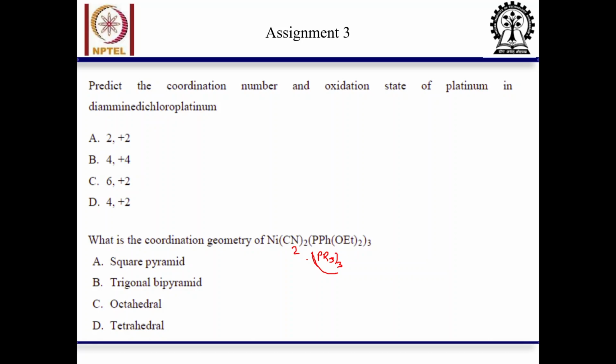So here again you see what is the kind of structure. MX2Y3. So all the Y will be on the plane and the two X will be in the Z direction. Correct? So the correct option will be this one. Yeah, trigonal bipyramid.